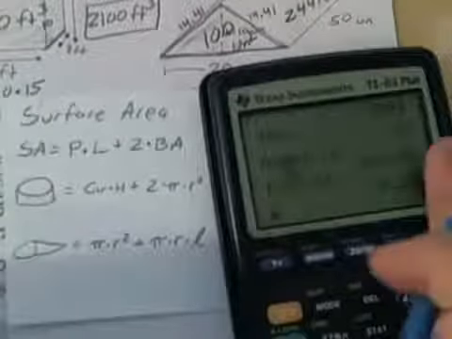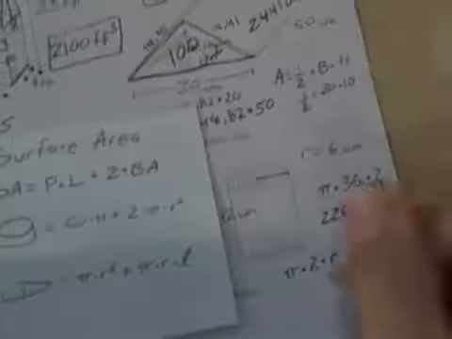So 6 times 2 is 12 times pi, and 12 times pi gives us 37.68. So that is 37.68. And 37.68 times our height of 12 gives us an answer of 452.16, plus we had our end caps.